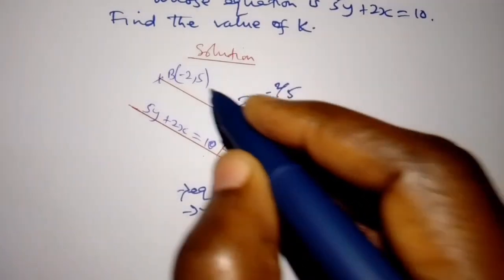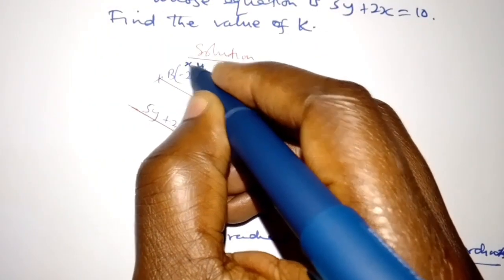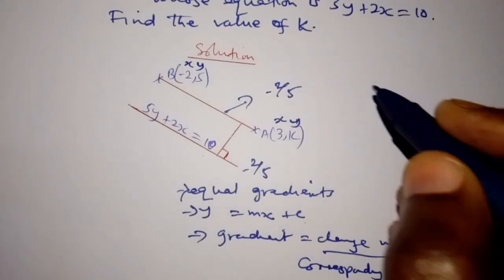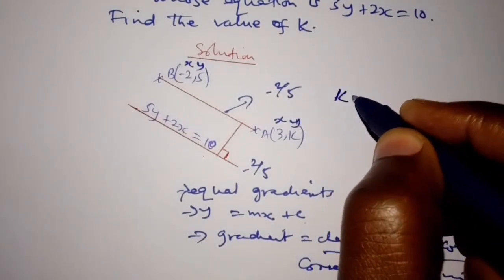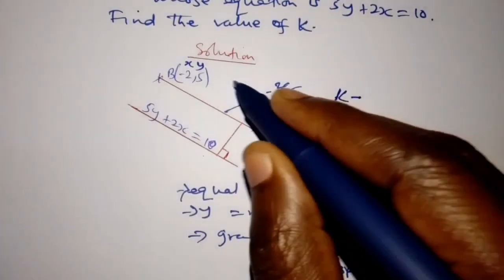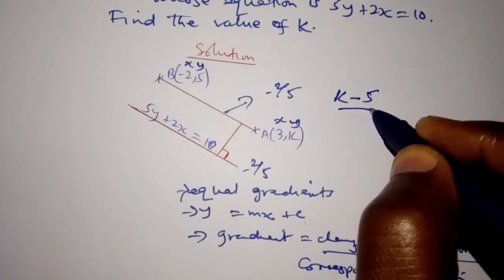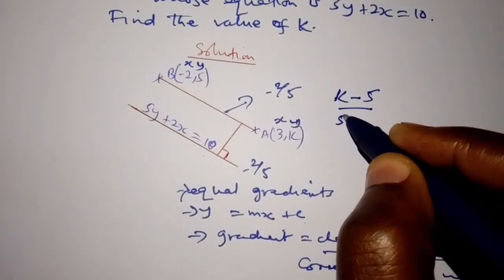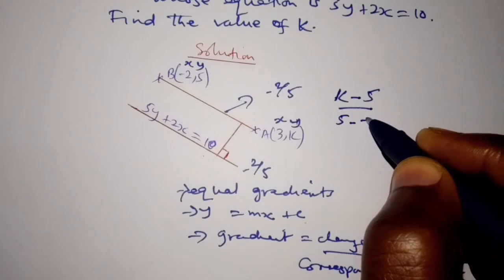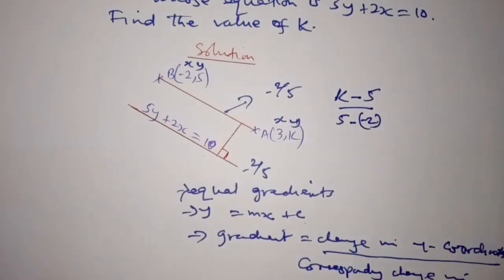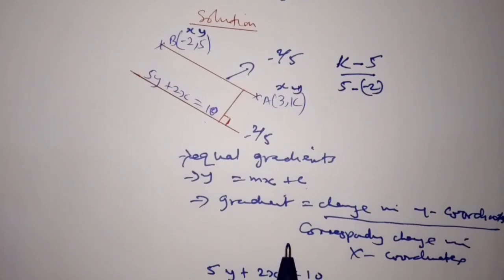We are using the formula for finding the gradient, whereby gradient is change in y coordinates over corresponding change in x coordinates.